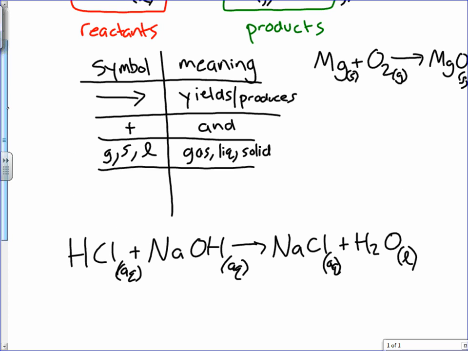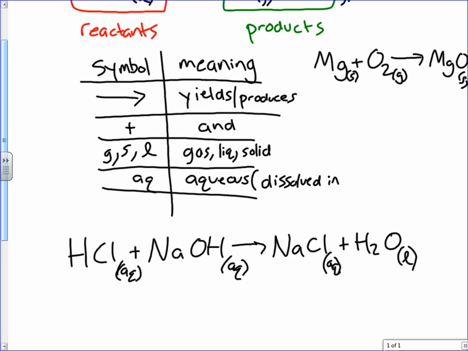So the next symbol for you guys, AQ, stands for aqueous, which means dissolved in water.